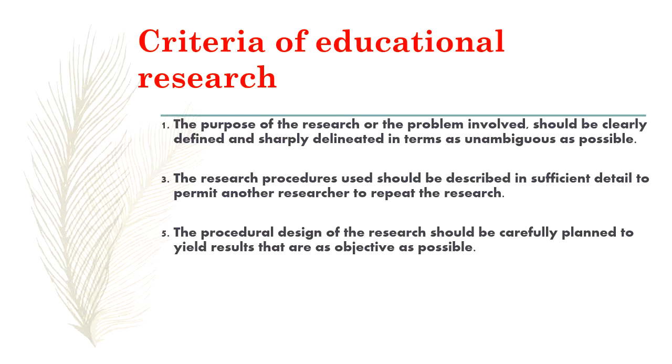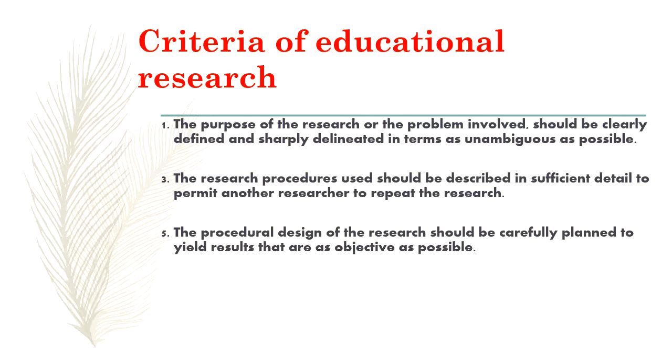The procedural design of the research should be carefully planned to yield results that are as objective as possible. Research is a systematic study where there is certain planning, where we know after which step we want to do what.